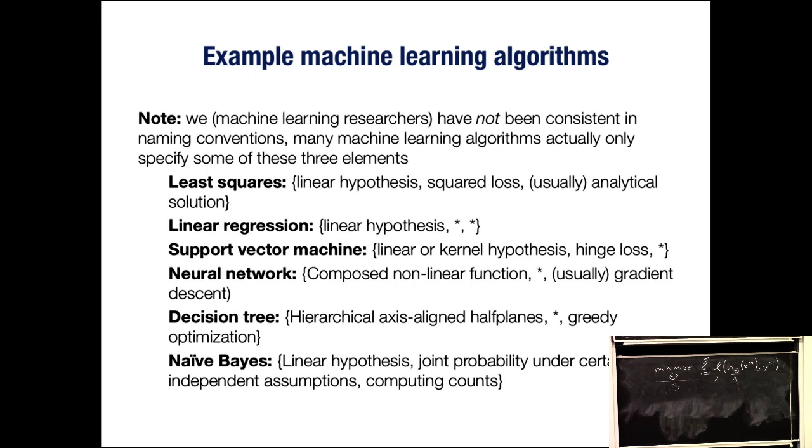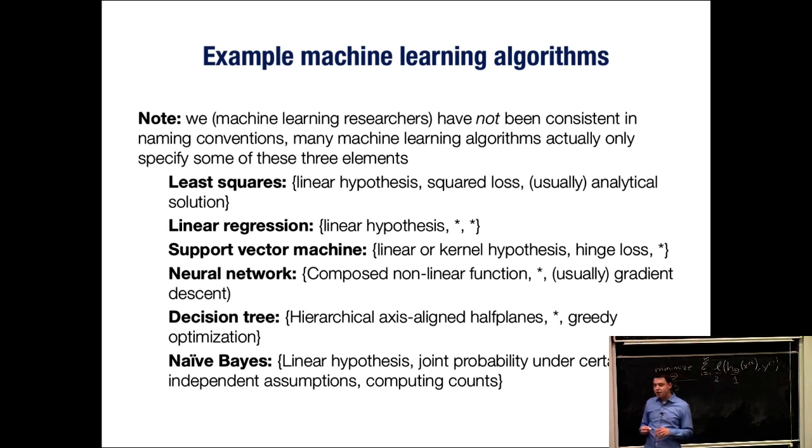OK, so the thing I'll sort of add here is that we, meaning sort of me and the machine learning community, we've been very bad at being precise in our terminology here. So when we say a machine learning algorithm, we really should be talking about all three of these things. What hypothesis function do you use? What sort of model class do you use? What loss function do you use? And how do you optimize it?